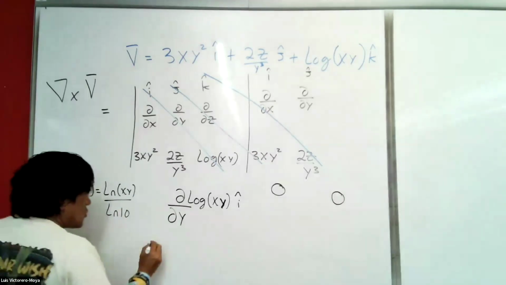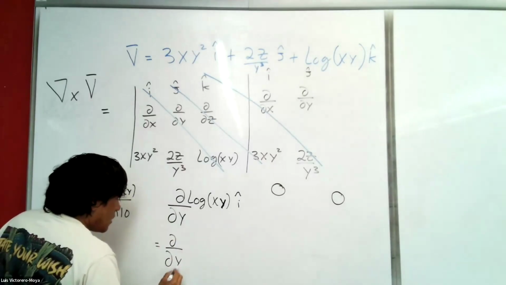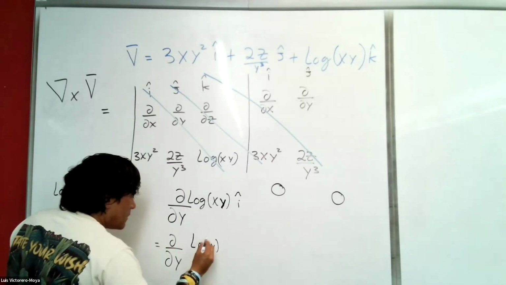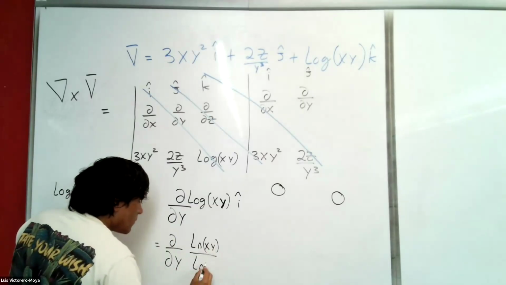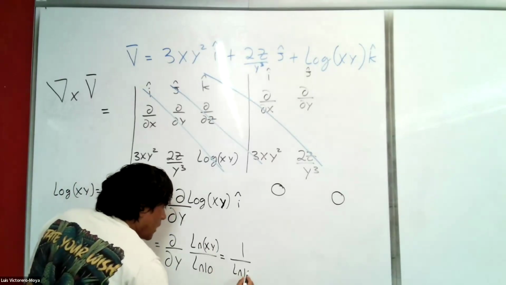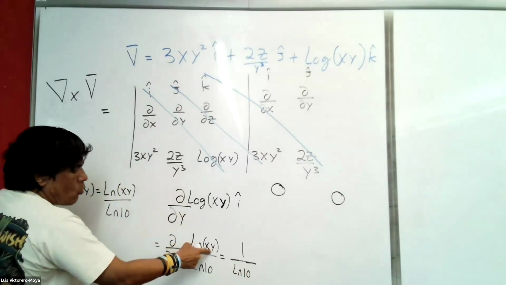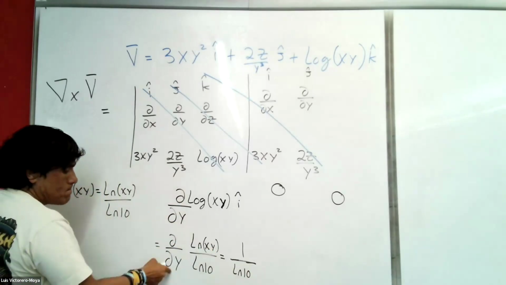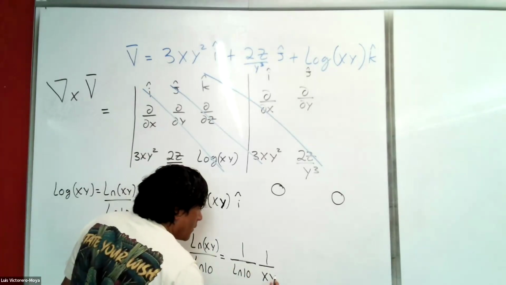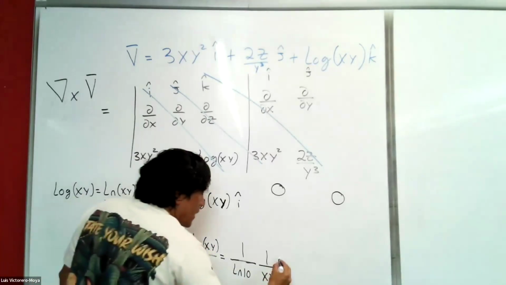I want to do that here because it might be easier for you to see. Log 10 comes out. The derivative of natural log of xy with respect to y will be 1 over xy, and then the derivative with respect to y of xy, which is x.